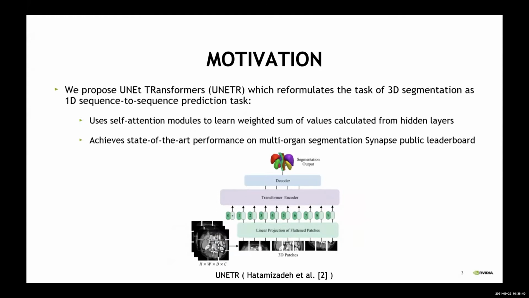We use self-attention modules in each transformer encoder layer to learn a weighted sum of the values that come from the previous hidden layers. Then we connect the transformer encoder to a CNN-based decoder to make the final segmentation output.